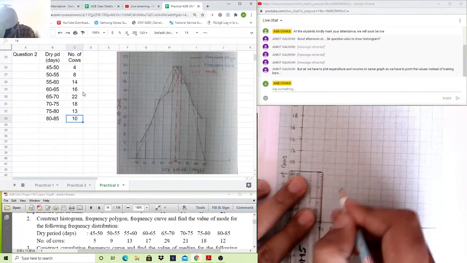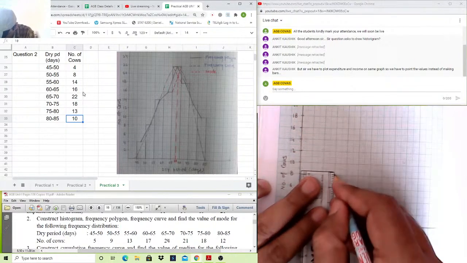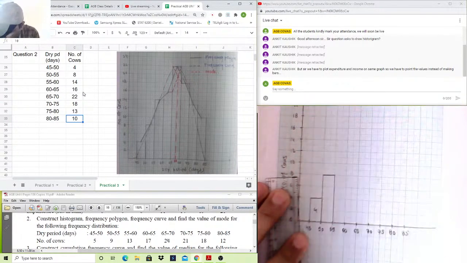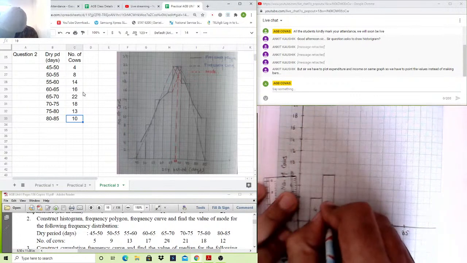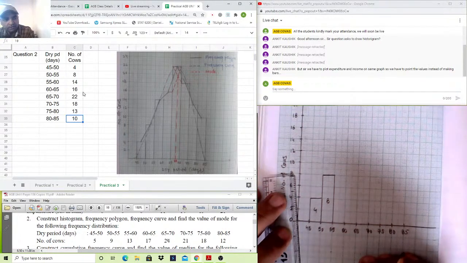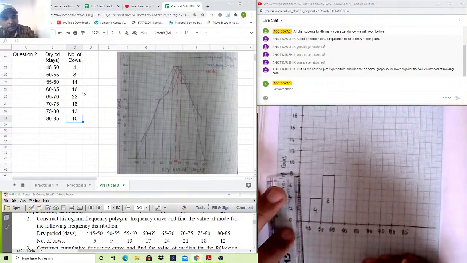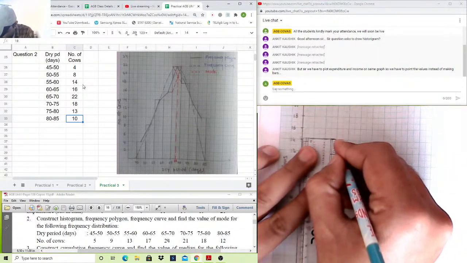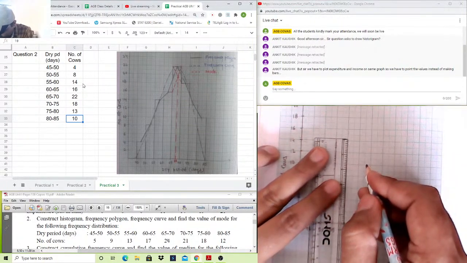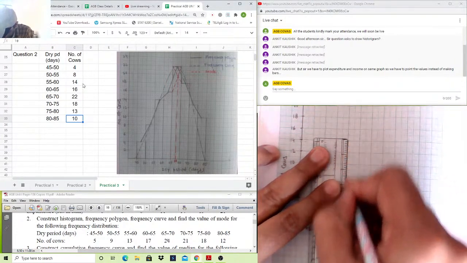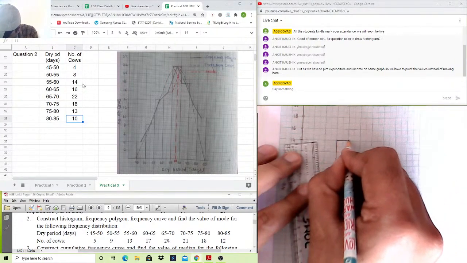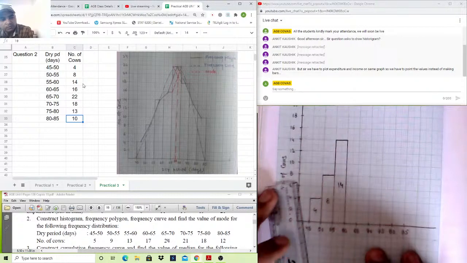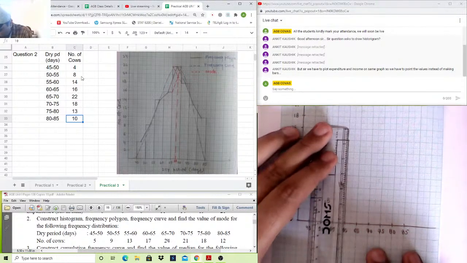Right. Then from 55 to 60 is 14. Then 60 to 65 is 16.